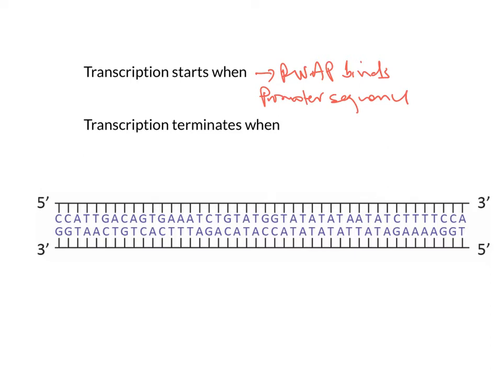On the other hand, termination of transcription must be where the RNA polymerase dissociates from or falls off the DNA. And this happens at the transcriptional terminator.